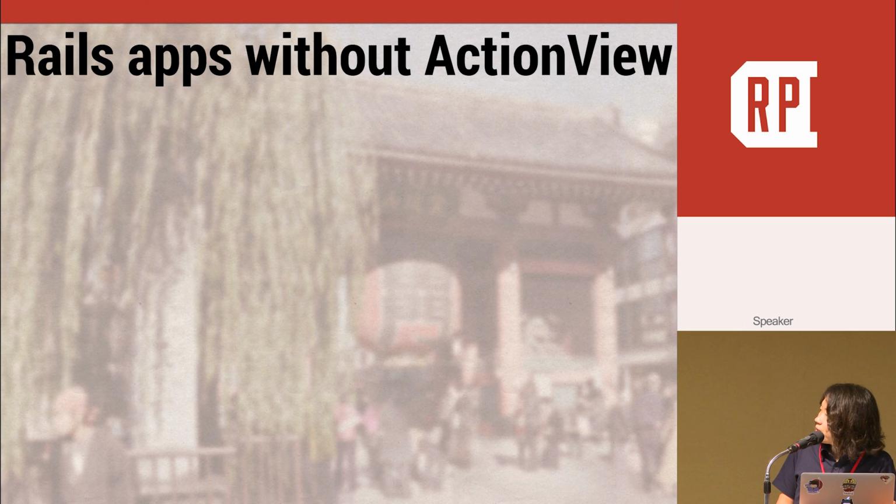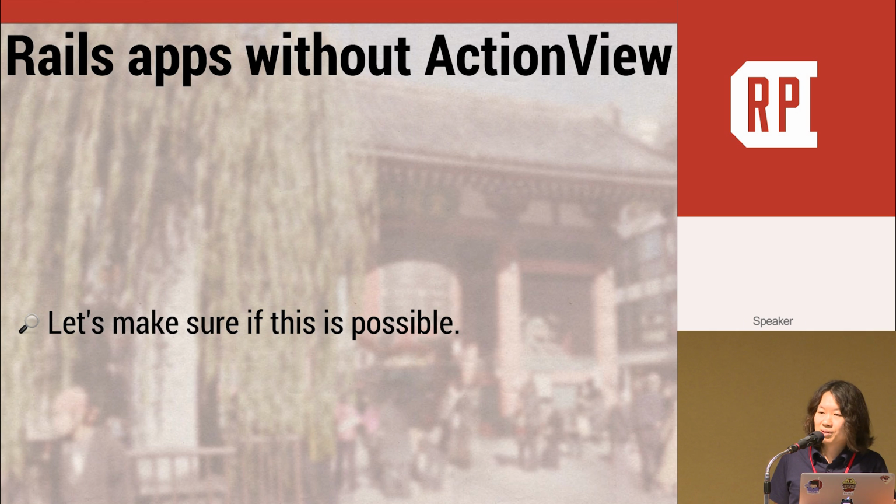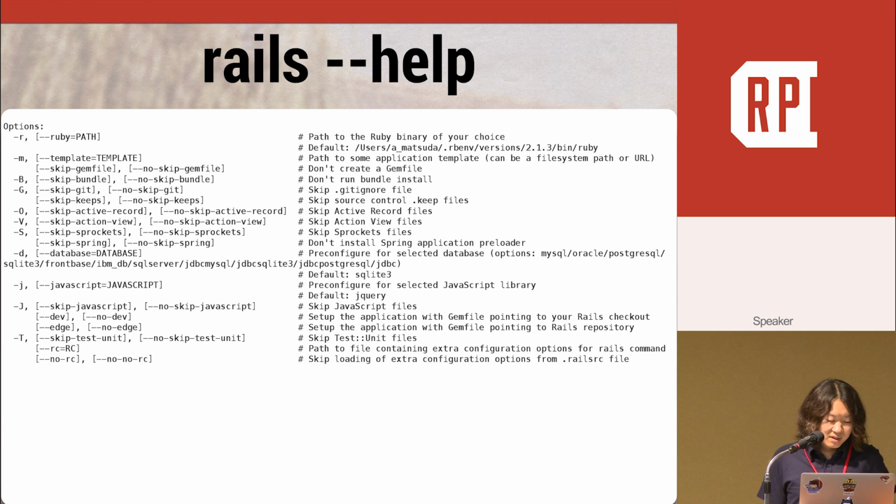The first idea was a Rails application without ActionView. Let's make sure it's possible. This is actually quite easy. Seeing the help message, you'll find that the application generator has a -O option, --skip-action-view, here.